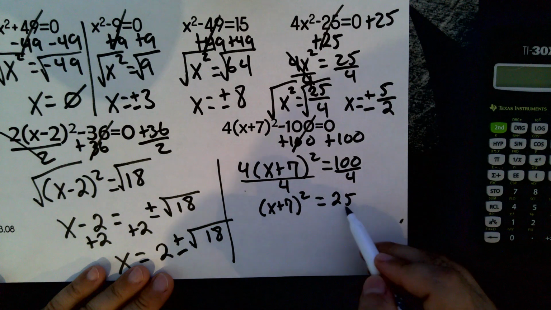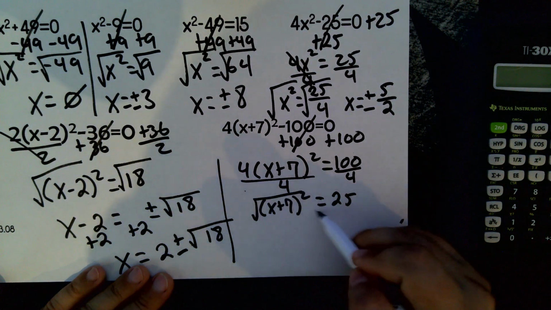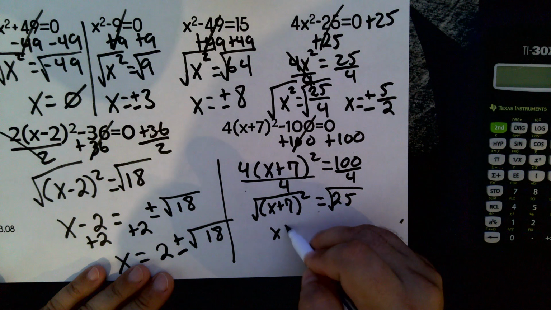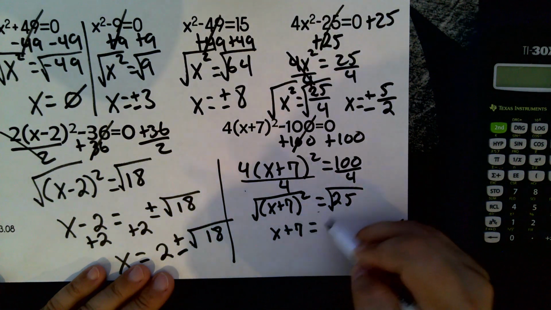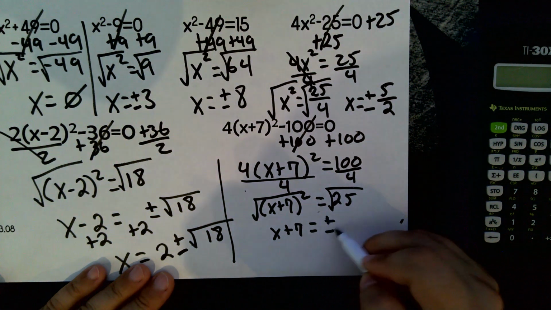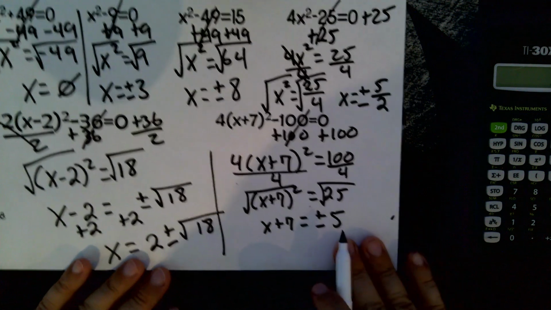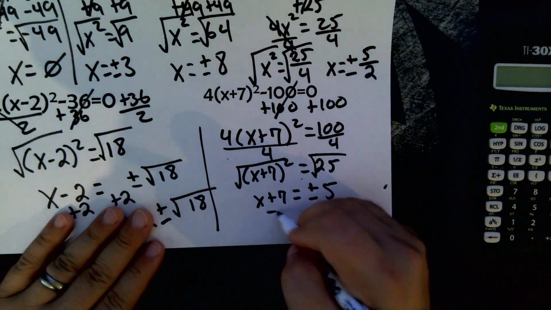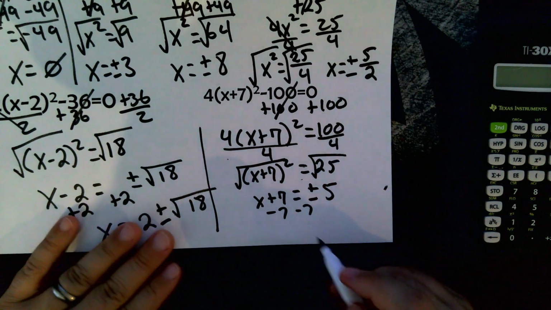Take the square root of both sides to get rid of the square. So it's plus or minus the square root of 25, which is 5. And finally, we're going to undo the plus 7 with subtraction of 7.